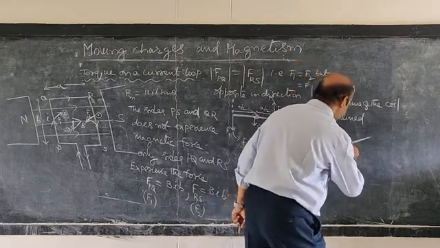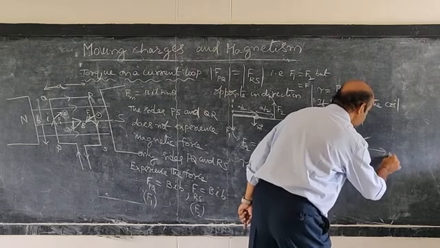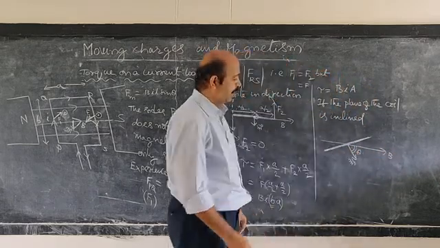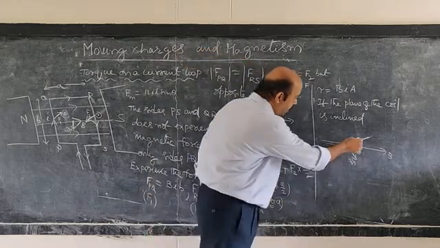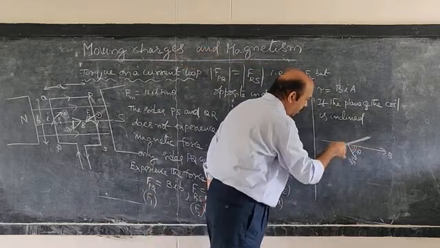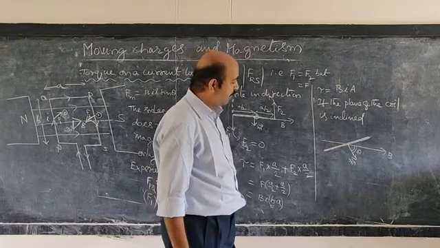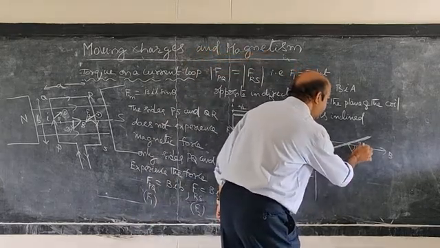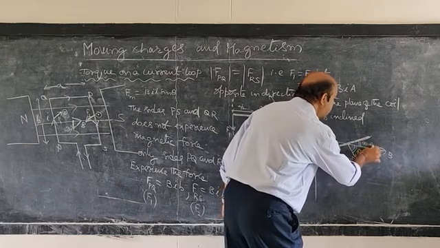So the magnetic field direction is this B bar. Let us suppose it makes an angle theta with the normal drawn to the area of the coil, so area vector or the magnetic moment. So if it is making an angle theta, we know that this angle will be 90 minus theta.